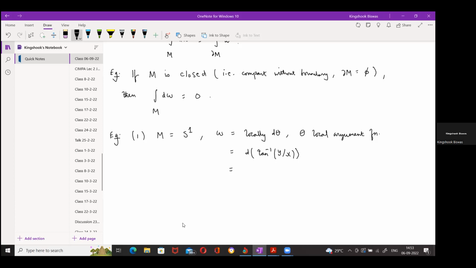It is 1 by 1 plus y over x whole squared, into d of y over x, right?